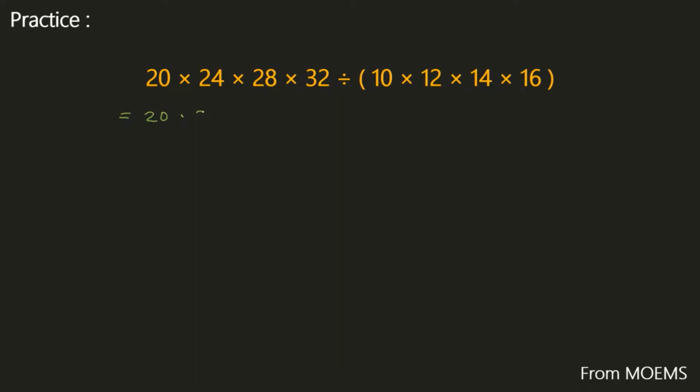It's 20 times 24 times 28 times 32. Now we're going to treat everything inside this parentheses as one whole term. So dividing by this one whole term is the equivalent of multiplying its reciprocal, which is 1 over this one whole term, which is 10 times 12 times 14 times 16.